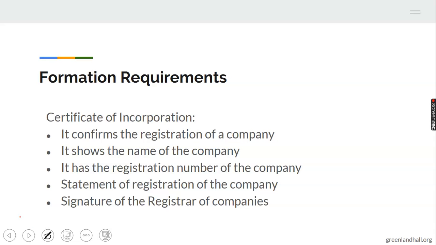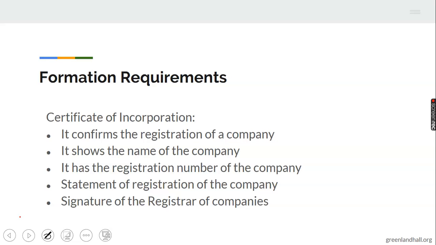So that's where we find it. Then thirdly, it has the registration number of the company. That is, it shows the registration number of the company, RC, maybe 000, and so on and so forth.